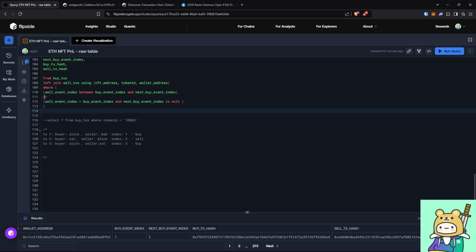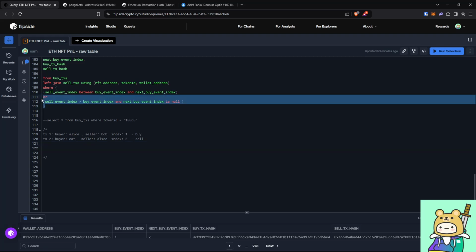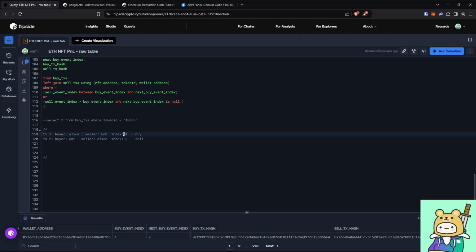And the next filter is or sell event index more than buy event index, so it means 2 is more than 1, and the next buy event index is null. So what does this mean? This means if imagine there's no transaction number 3, the next buy would be null, right? There's literally no index, and so this where filter covers for that situation, for when the sell is more than the buy and there are no more buys after this.